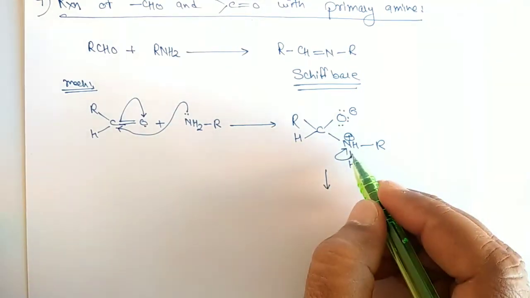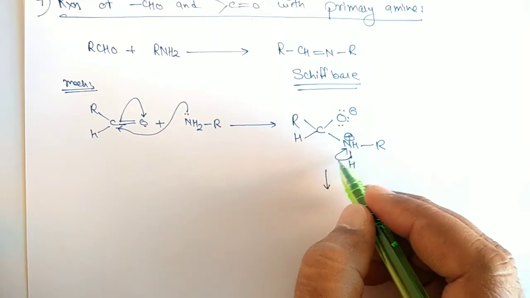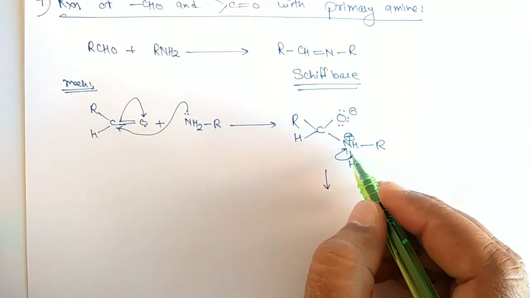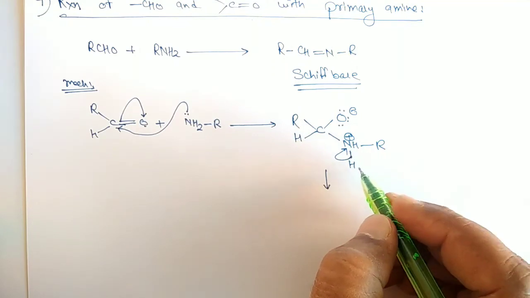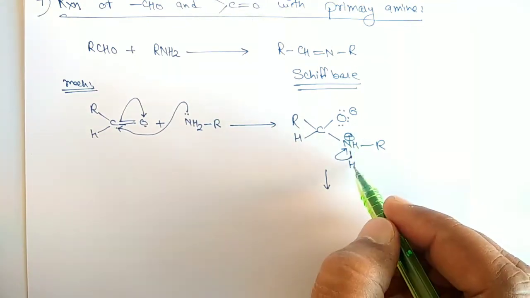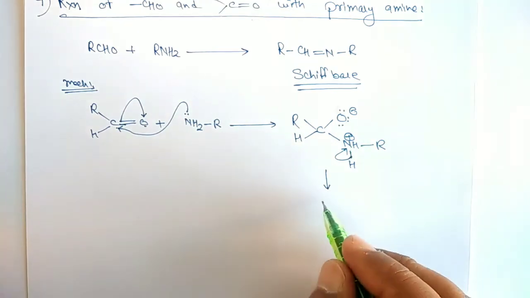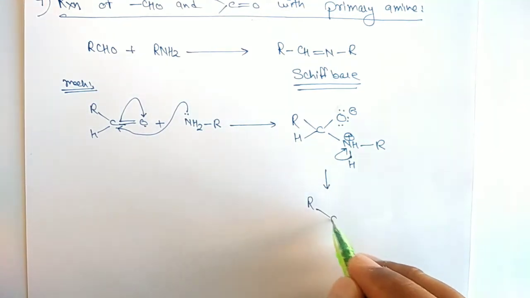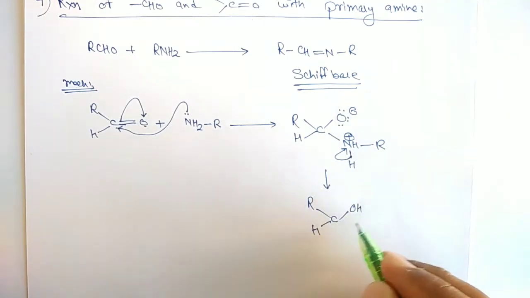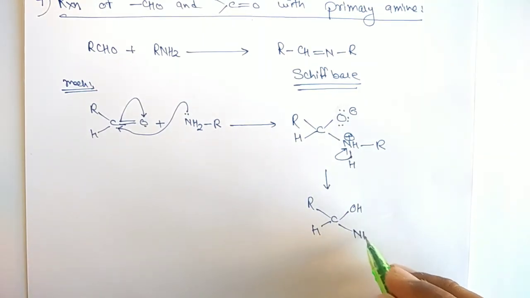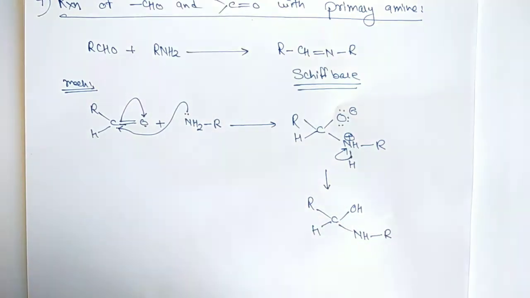So therefore this bond is withdrawn toward this nitrogen, and therefore the positive charge of this nitrogen will finish and this H will carry positive. Now this H positive will combine with this O negative, and therefore what we will get here, RC, here is H, here is OH, here is N, H, and here is R.